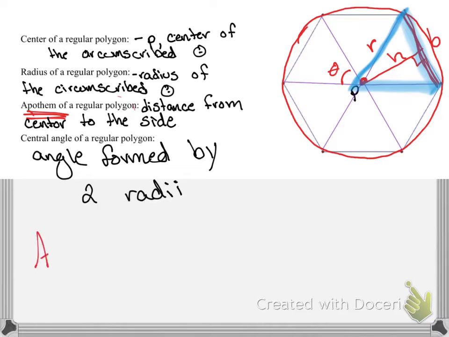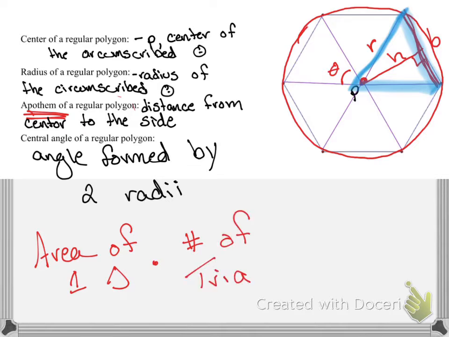So we would take the area of one triangle and multiply it times the number of triangles. This is going to take a little bit of our trig to figure out the area of each of those triangles. But the number of triangles would just be the number of sides. If it has 8 sides, it would make 8 triangles. This has 6 sides, so it makes 6 triangles, which makes sense.